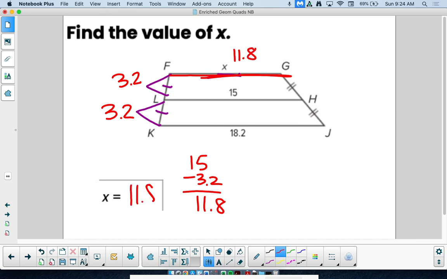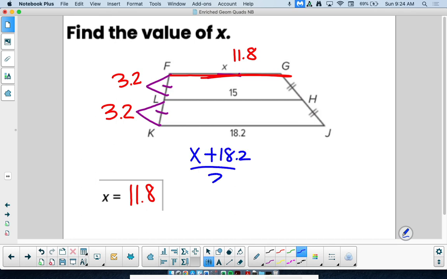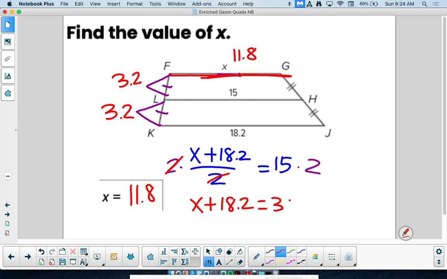If you're not really into skip counting, you're more of an algebraic mind, I'll just show you quick because this kind of comes up on your assignment. You can just plug into that formula, right? I know that x plus 18.2 all over 2 equals 15. That's your formula. Now, algebra your way out of it. How do you get rid of divide by 2? Multiply both sides by 2. These 2's cancel. You're just left with the top. 15 times 2 is 30.